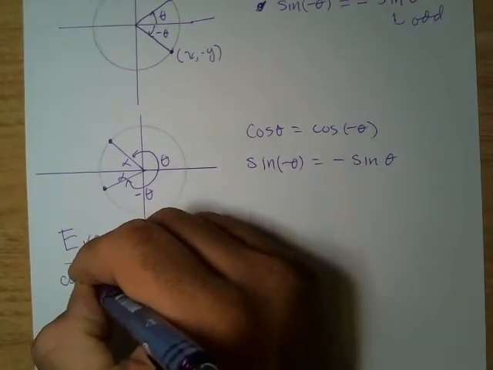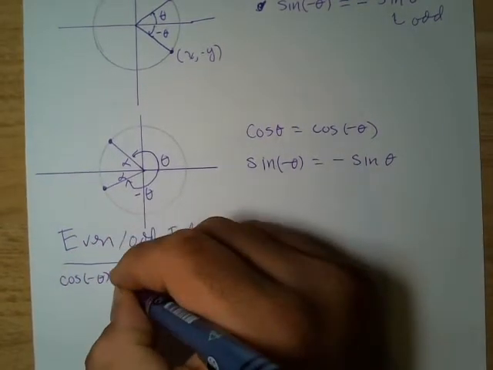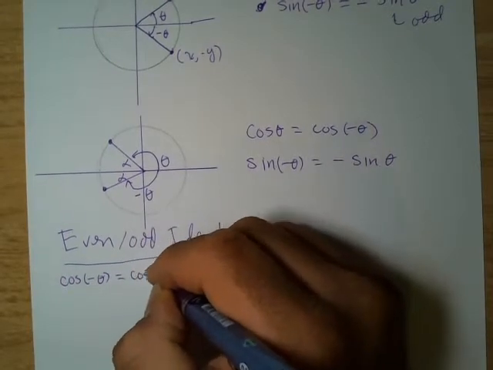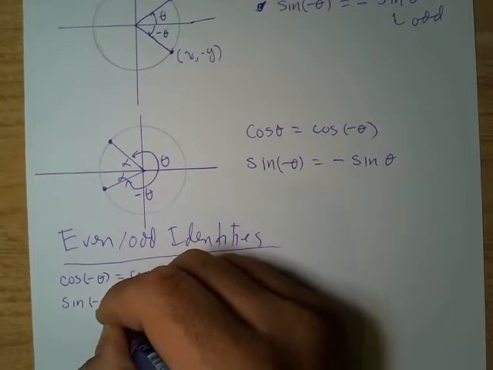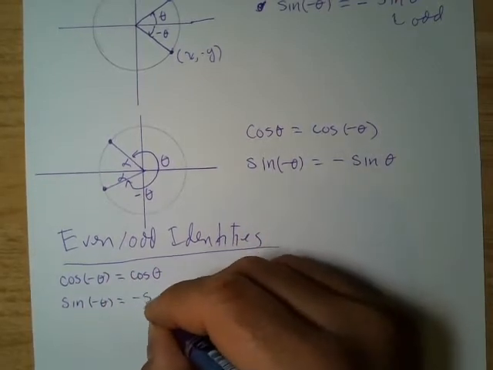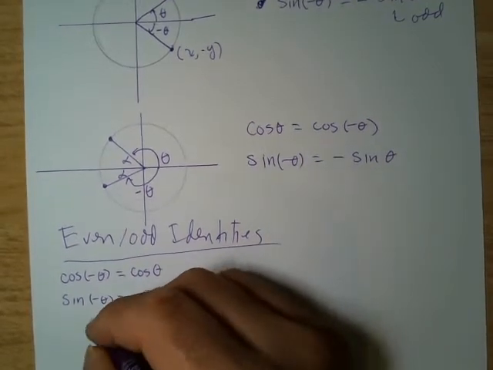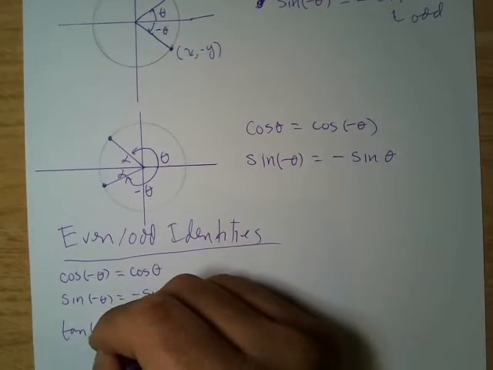So we saw cosine of negative theta equals cosine theta. Sine of negative theta is equal to negative sine theta. Tangent of negative theta.